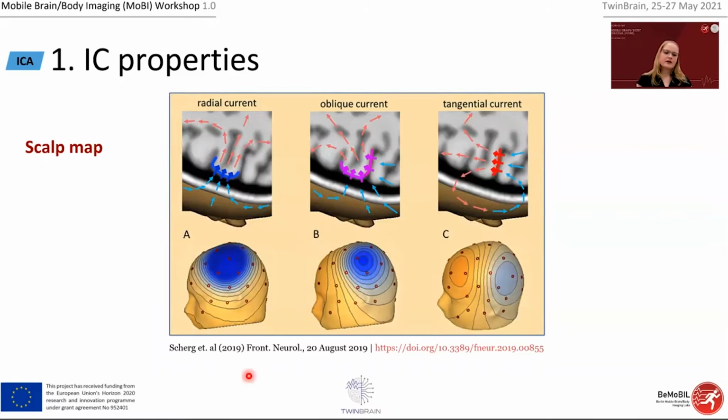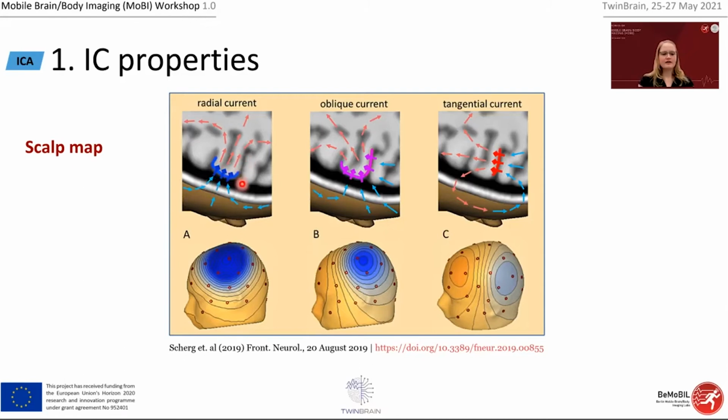The other figure that you already have seen in Mario's talk is this figure from Shirk et al. from 2019, where they show the different dipole orientations. This is due to different orientation of the layers of the gray matter, and how whole subsets of neurons are active, and how this is folded in the brain, on the top layer of the brain.